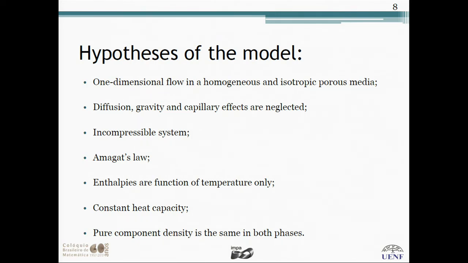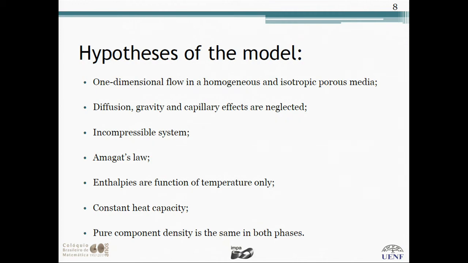We try to split the effects of the physics. In a homogeneous and isotropic porous medium, we neglect diffusion, gravity, and capillary effects. We consider the system incompressible, and we also consider that Amagat's law is valid, so we can move from mass concentration to volume concentration.